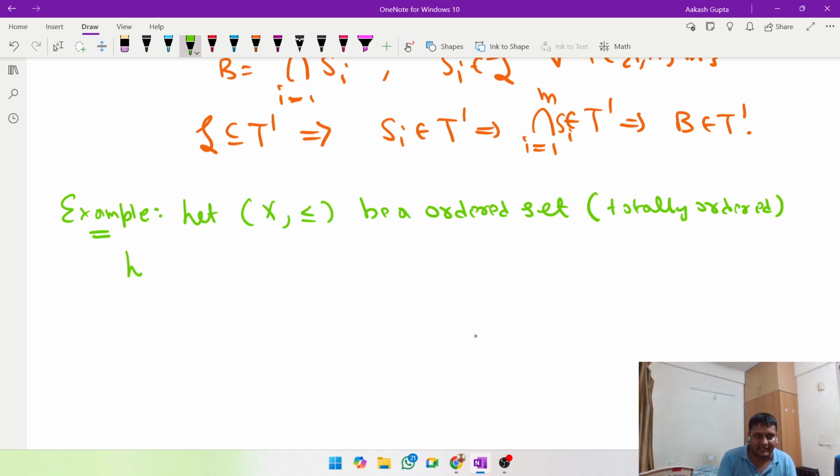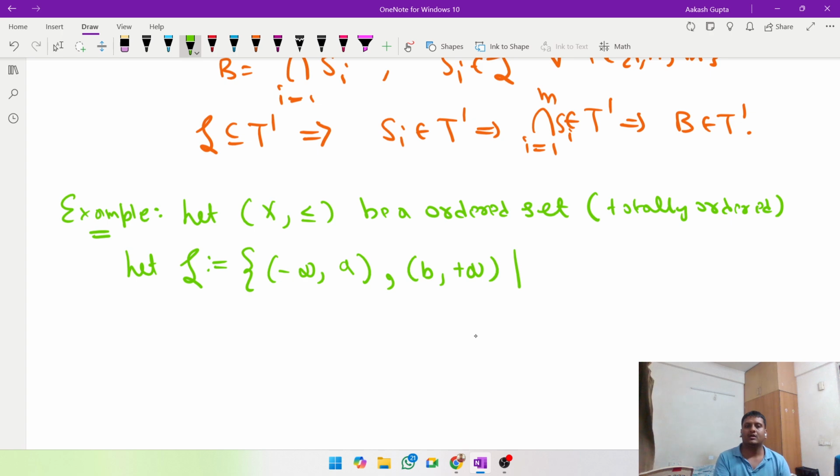Let script S be these kinds of open intervals, (a, b) with a, b in X.